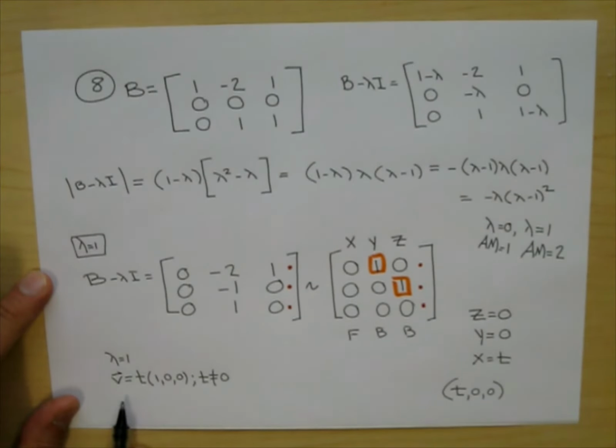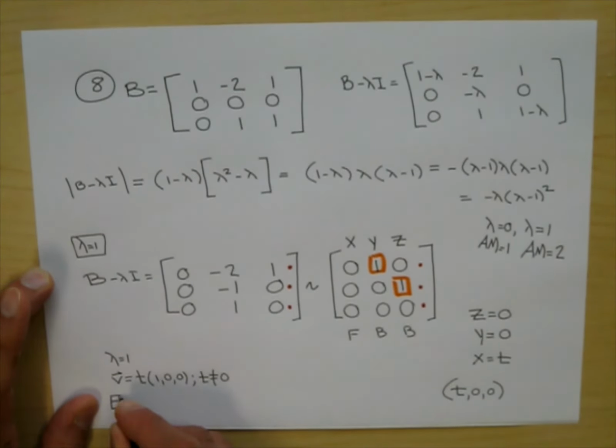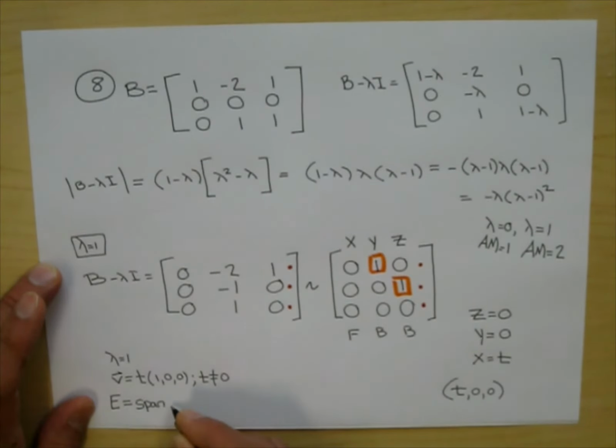So that's the set of eigenvectors. The eigenspace for lambda equals 1 is all the eigenvectors with 0, 0, 0 thrown in there. And what I'm going to do is I'm just going to span 1, 0, 0.